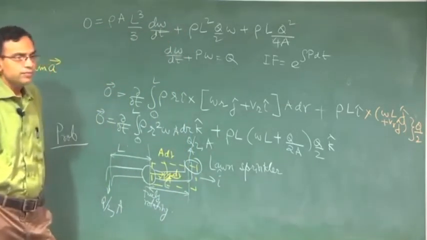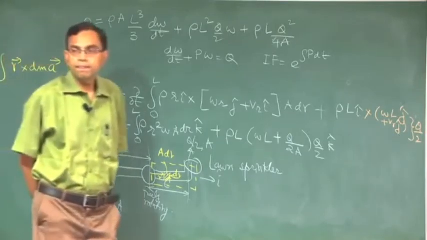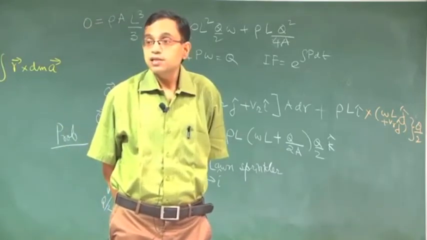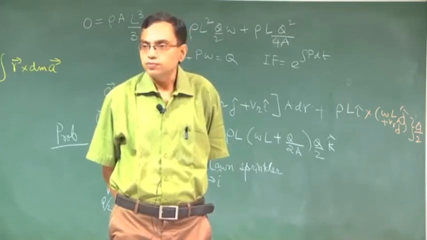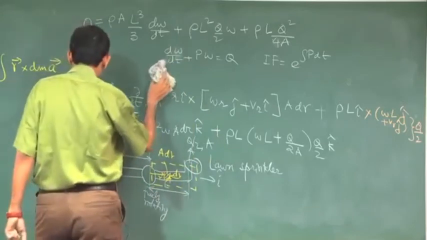So then the next question is, can we solve this problem by assuming that it is an accelerating control volume? So how do we take that into account?